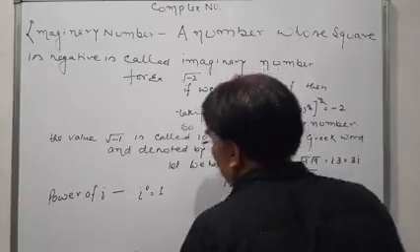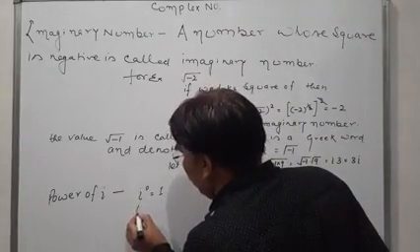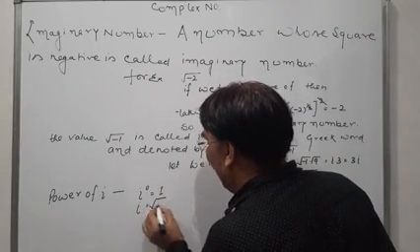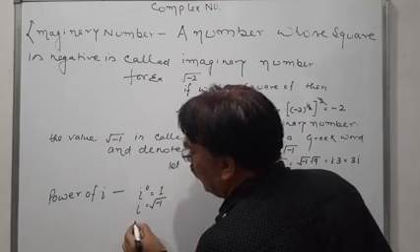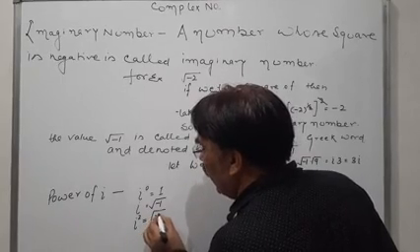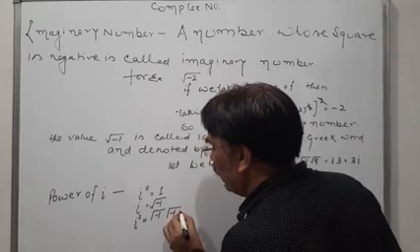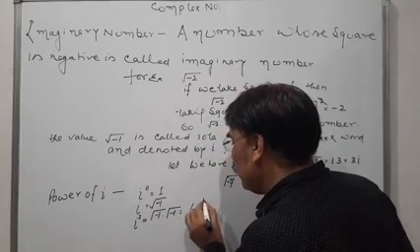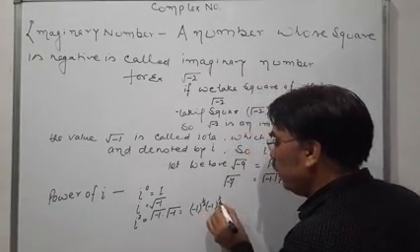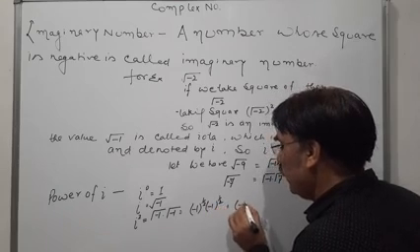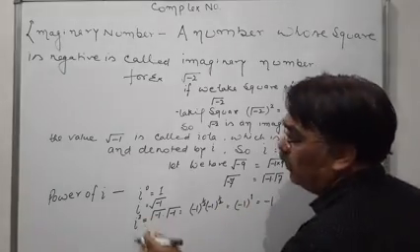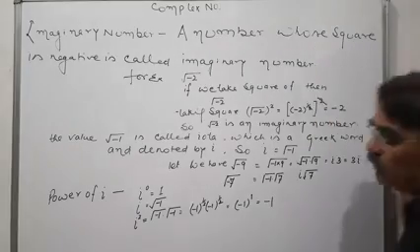Now, we know it very well from the last part, i is equal to under root minus 1, and i square is equal to under root minus 1 into under root minus 1, which is equal to minus 1 to the power half into minus 1 to the power half, which is equal to minus 1 to the power 1, equal to minus 1. So the value of i square is minus 1.